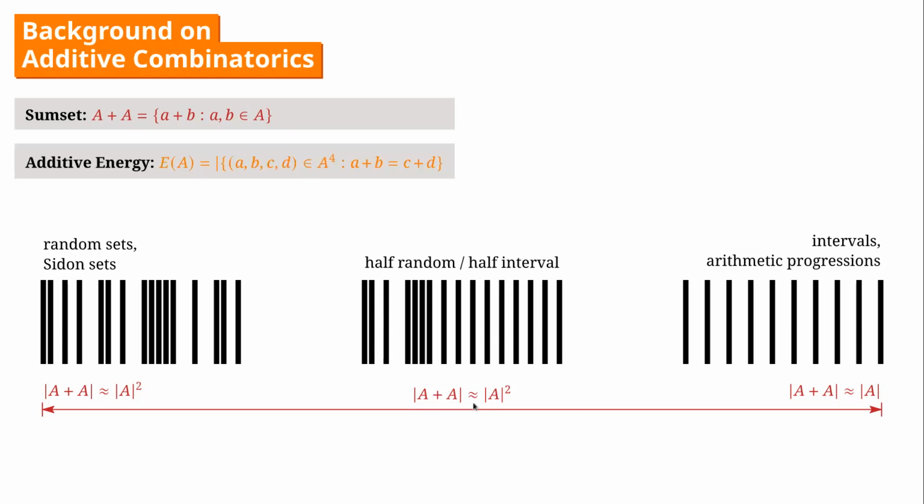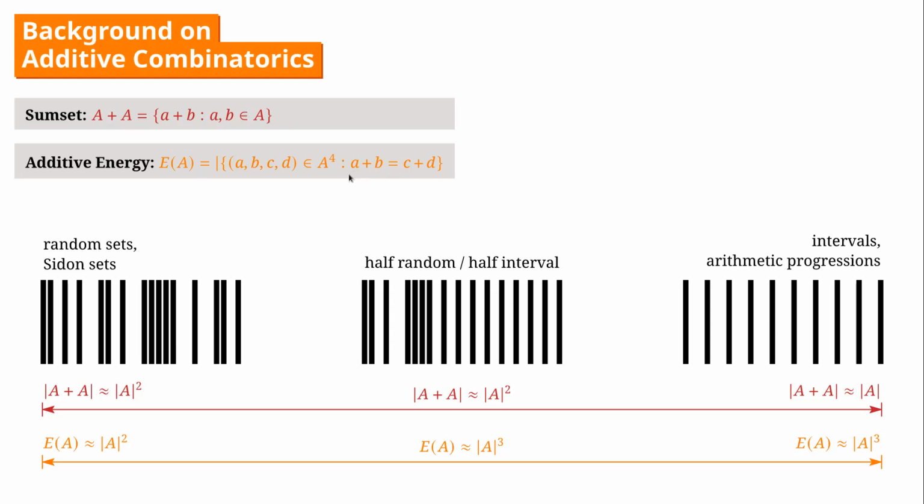There is another measure of randomness, though, which is more fine-tuned, which we call the additive energy. It's defined as the number of solutions to the equation a plus b is equal to c plus d. Let me give you a feeling for this. I claim that it ranges from |A| squared for very random sets to |A| cubed for very structured sets. Right? So if you, again, consider a random set over a sufficiently large universe, we will not expect any non-trivial solution to this equation.